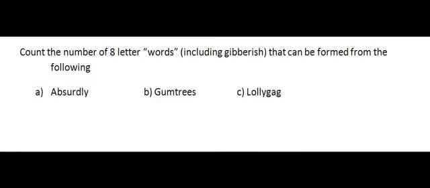Now we look at the word lollygag. Again, 8 letters, but this time we have 3 L's and 2 G's. So we'll start with our 8 factorial. This time, to correct for the overcount, we have to divide by 3 factorial for the 3 L's and 2 factorial for the 2 G's.